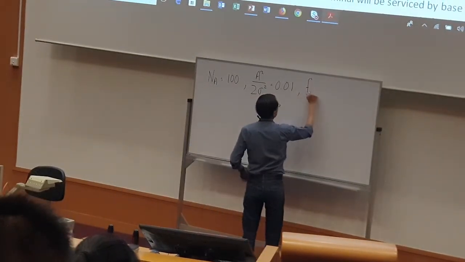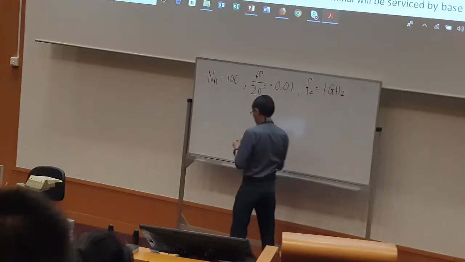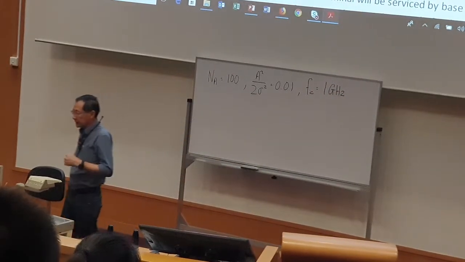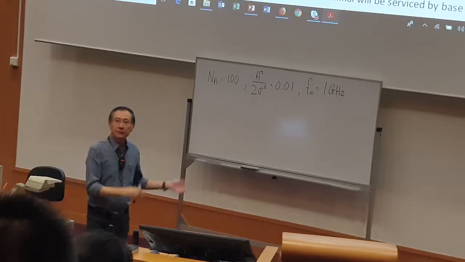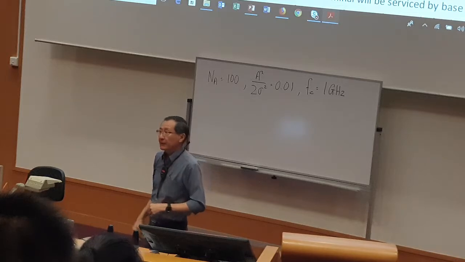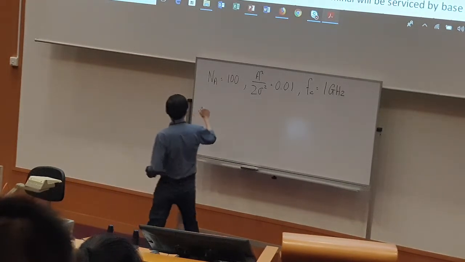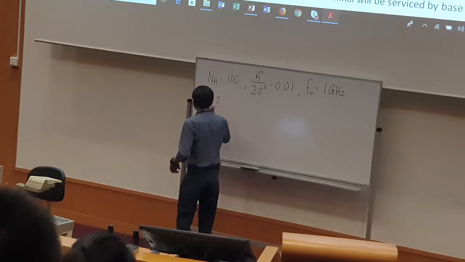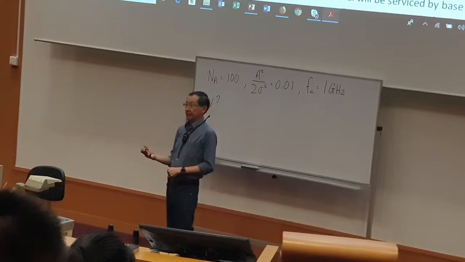So these are all the data that is given. We want to find V. Again, you go back to the formulas. V is related to which one? You want to find V, the vehicle speed. V is related to FD.